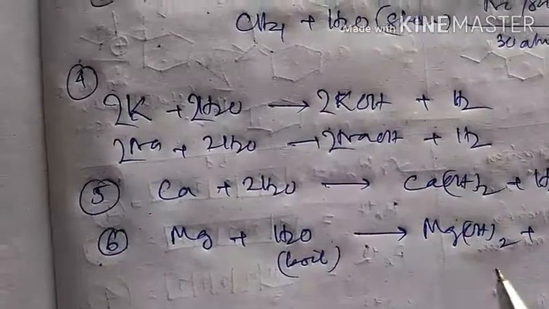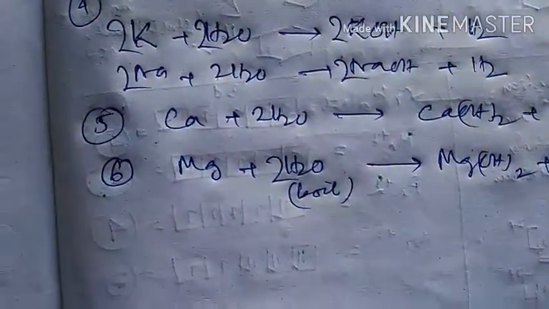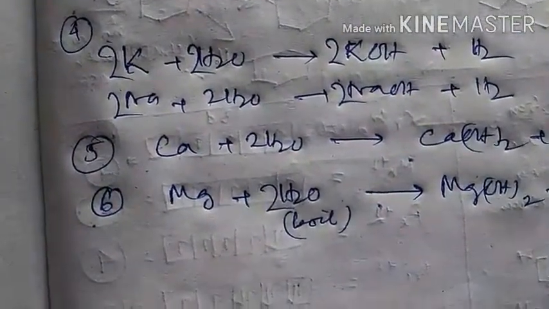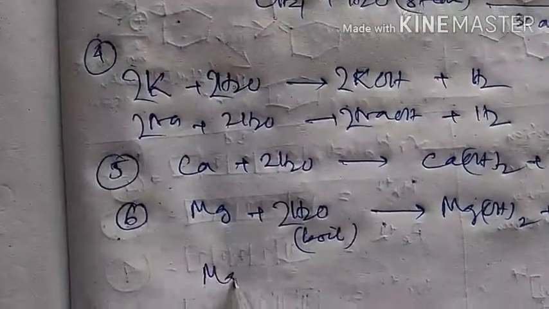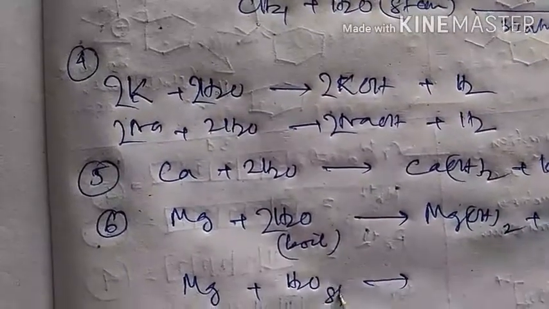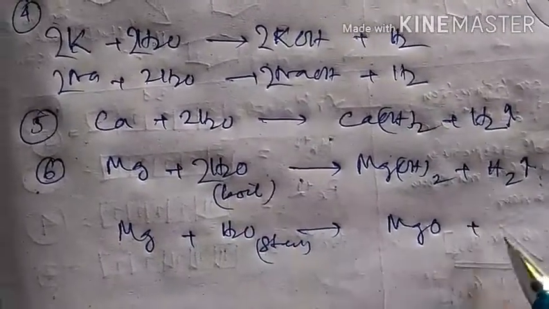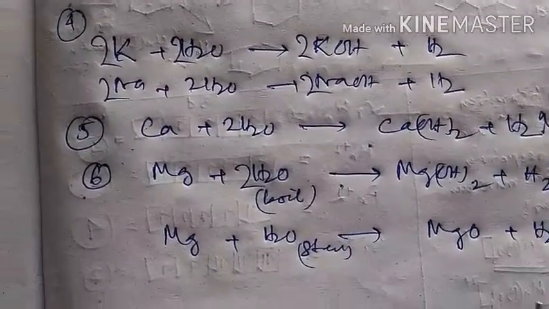Magnesium also gives magnesium oxide when steam is passed over it. In steam condition, it produces magnesium oxide and hydrogen gas.